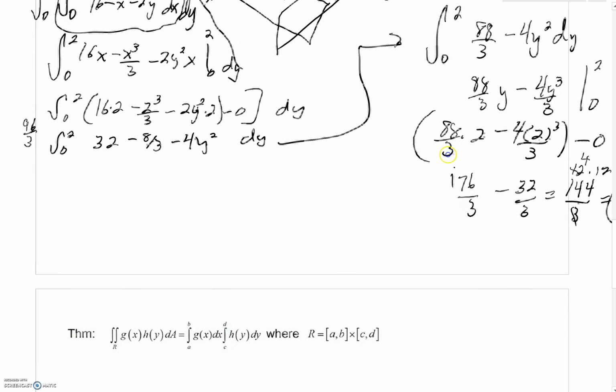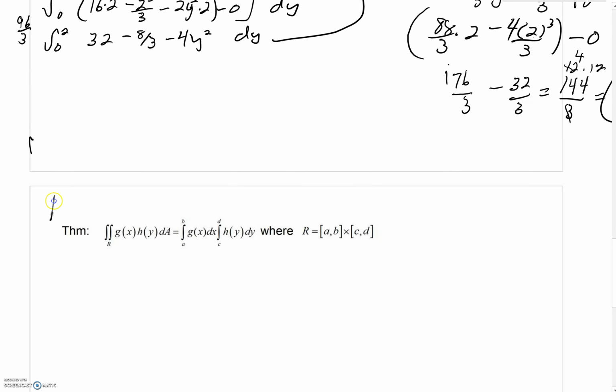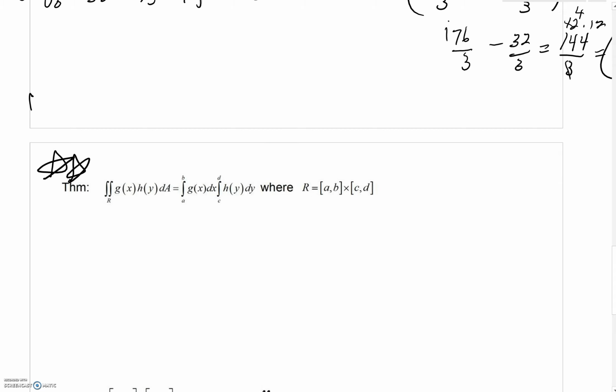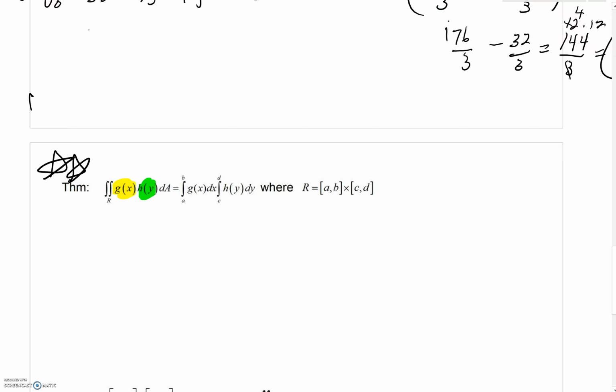This next theorem, wow, what a wonderful, wonderful shortcut it is. Please pay attention. This is only applicable when you have a multiplication of two functions and they are independent of each other.